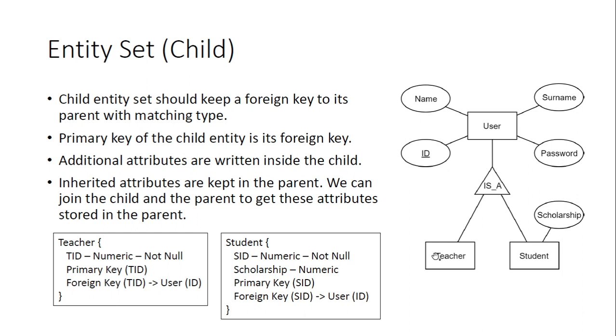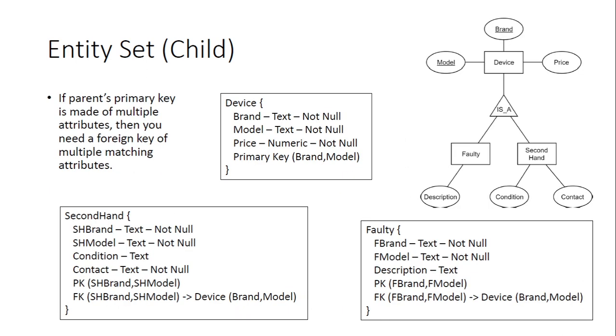The primary key of the child entities is the foreign key in this table. So for example, for the teacher, our foreign key is TID, and that's also the primary key. So for child entities, the foreign key becomes the primary key. So this is some other example.